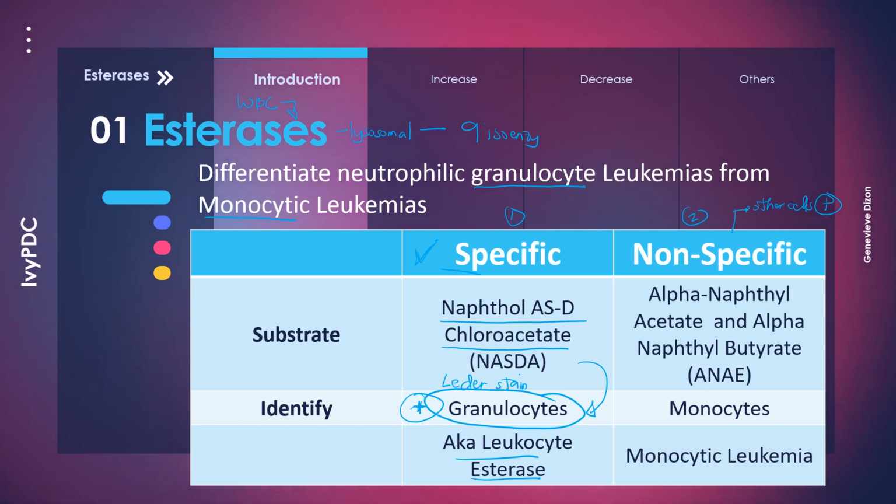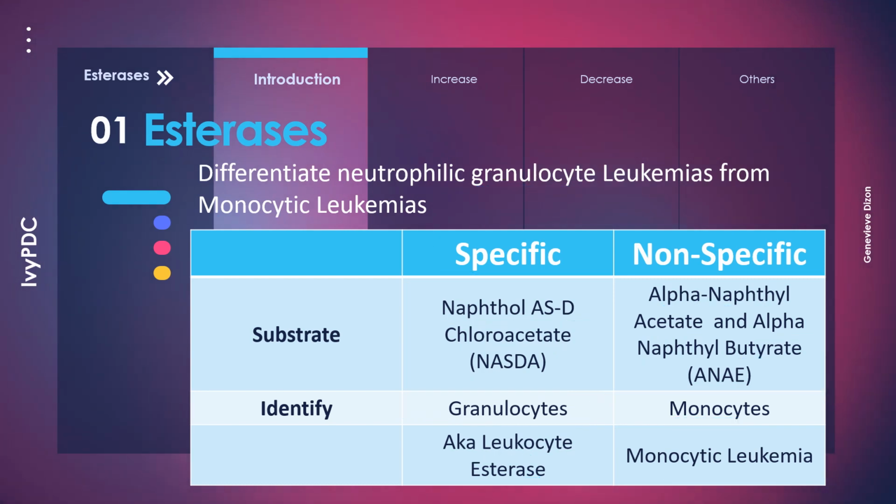For nonspecific, we use two substrates, either the alpha-naphthyl acetate or the alpha-naphthyl butyrate, and both of these substrates would be able to identify monocytes, because both these substrates are present and most abundant in monocytic cells, therefore it is also used in the diagnosis of monocytic leukemia.